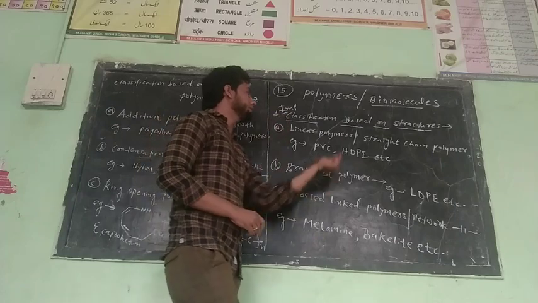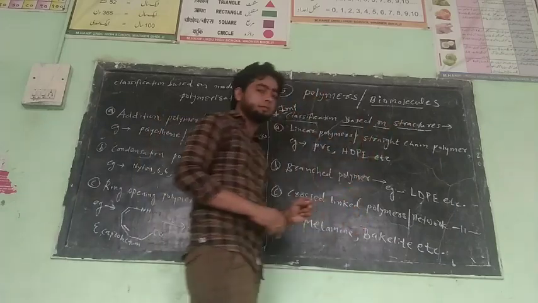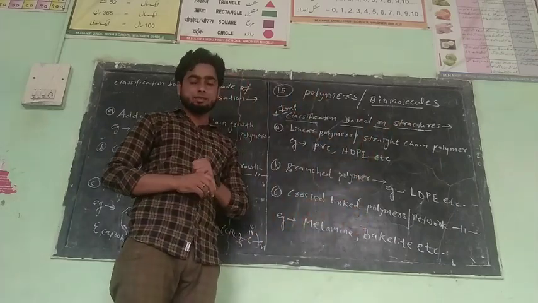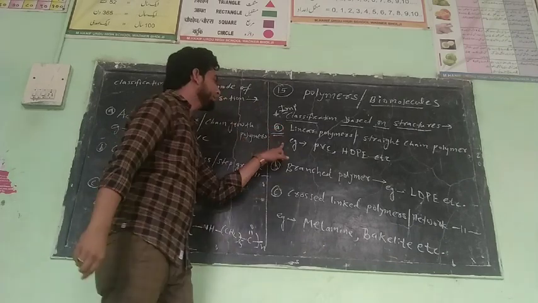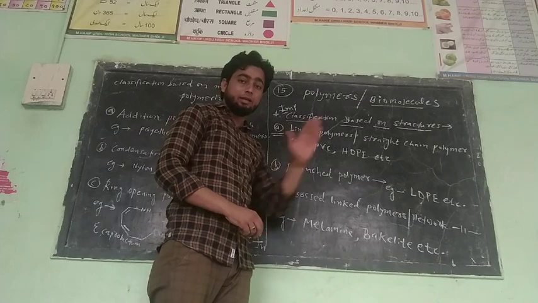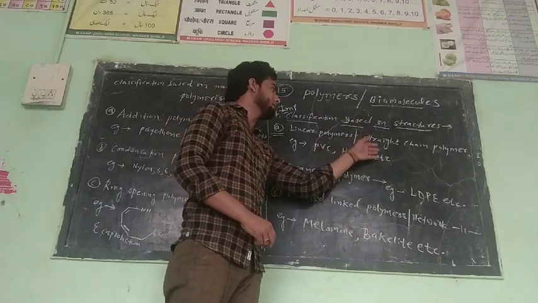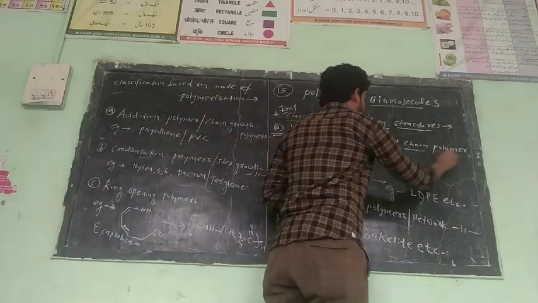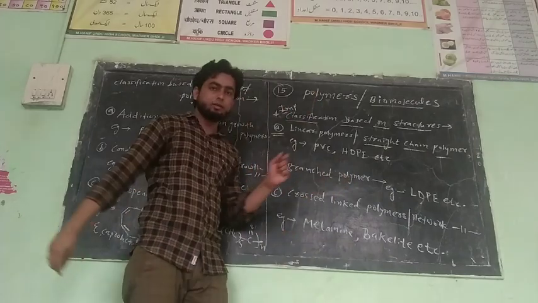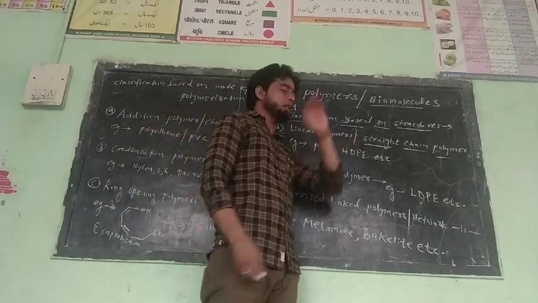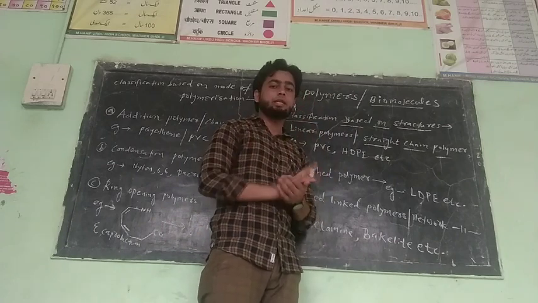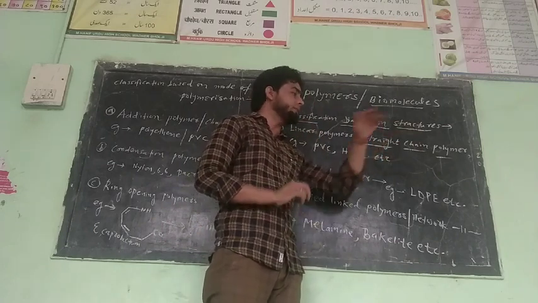On the basis of structure, the polymer is divided into three classifications. First, A, is called the linear polymer, and it is also called straight chain polymer. Now define the linear polymer or straight chain polymer.